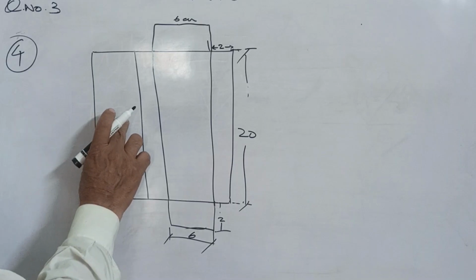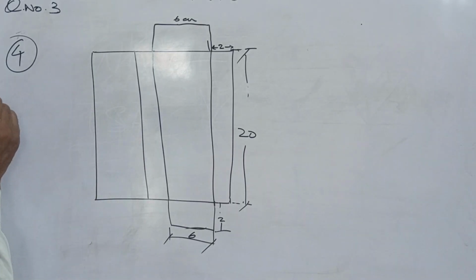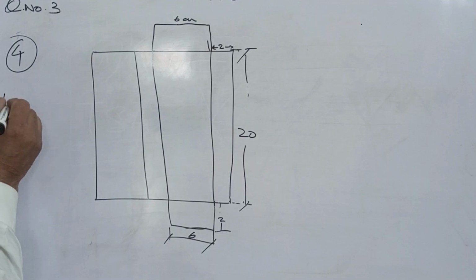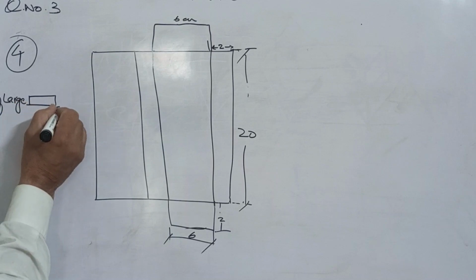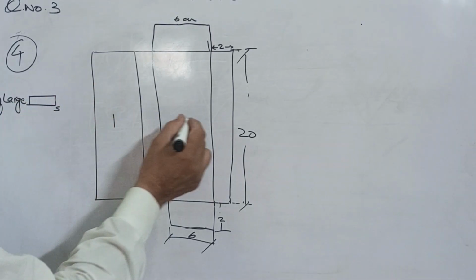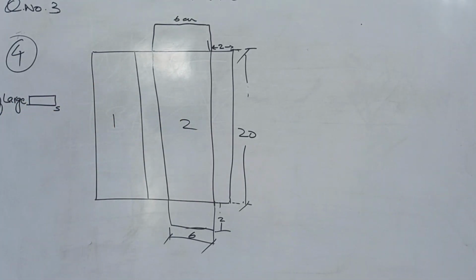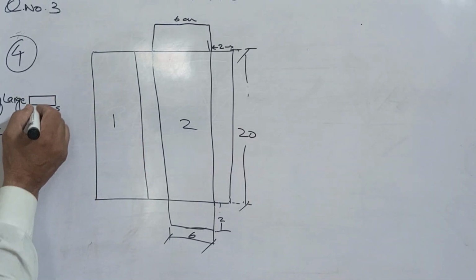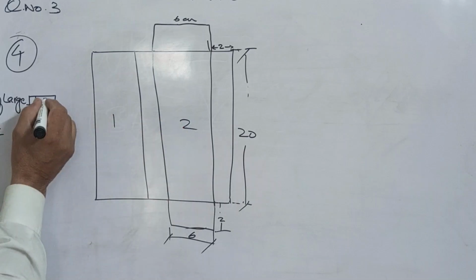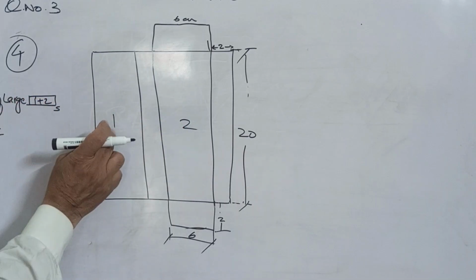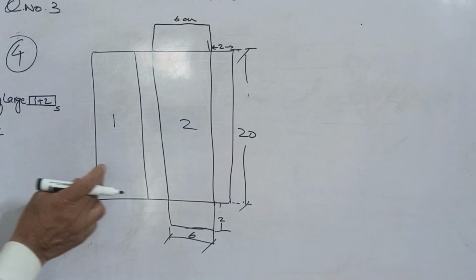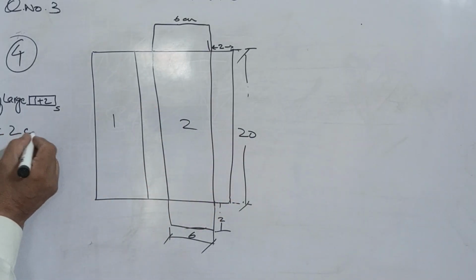First, the surface area of the larger lateral rectangles. These are the larger rectangles, 1 and 2. The length, L, for 1 and 2 is 20 centimeters.